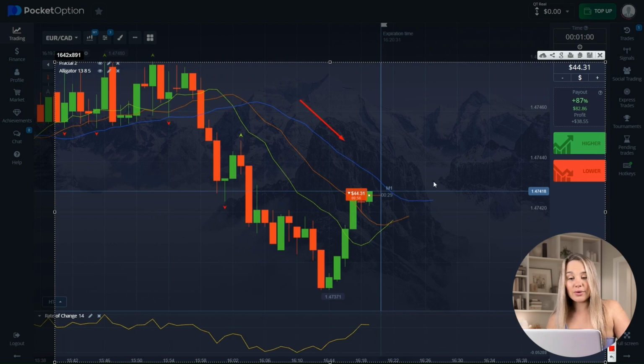The price of growth was dropping, we can see that from the alligator and just from the chart, and then the alligator lines started to intertwine. Can we conclude that a sideways movement is starting? Theoretically, yes. Let's see where we can find some level, and here we have a fractal showing a downward arrow, so we can draw a line through this point, which was the support level.